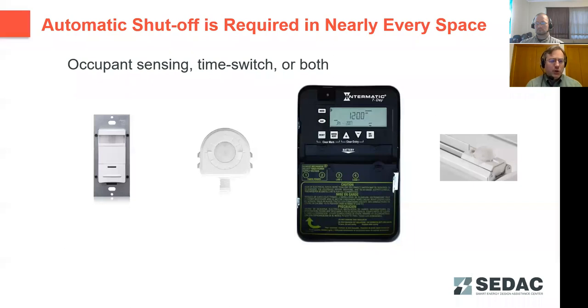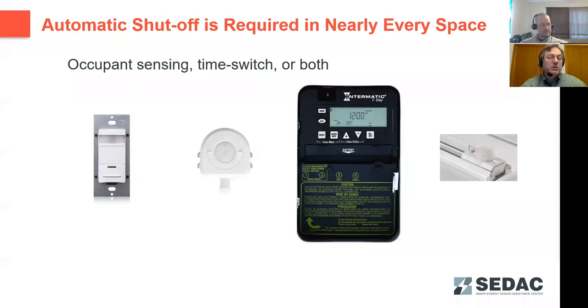Now, the code does call out that if you have a space that requires time switch controls, you can use occupant sensing controls in lieu of that time switch controls. However, you cannot trade in the other direction. So if the code calls out that you need occupant sensing controls, you cannot omit those and use time switch controls in lieu of that.